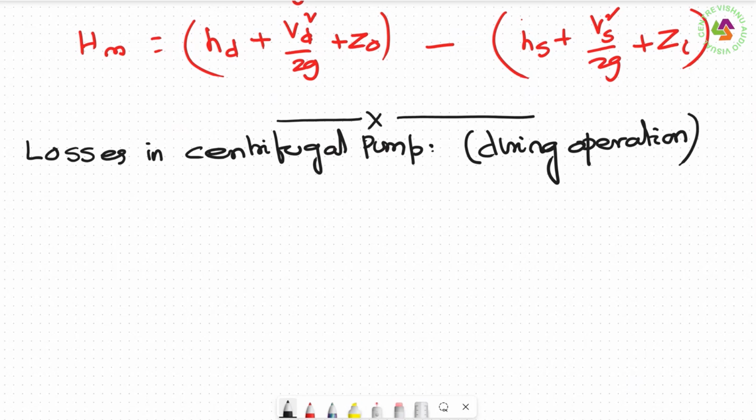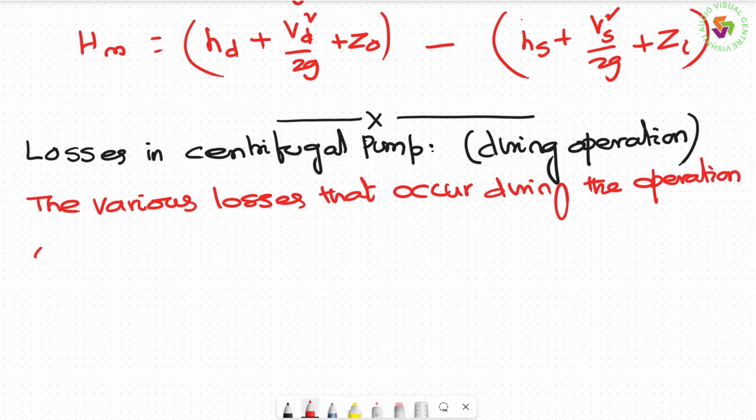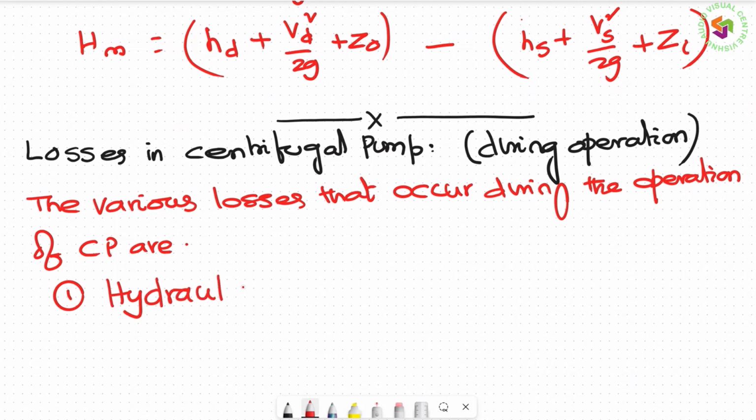The various losses that occur during the operation of a centrifugal pump are, number one, hydraulic losses, which is mainly what we are interested in.